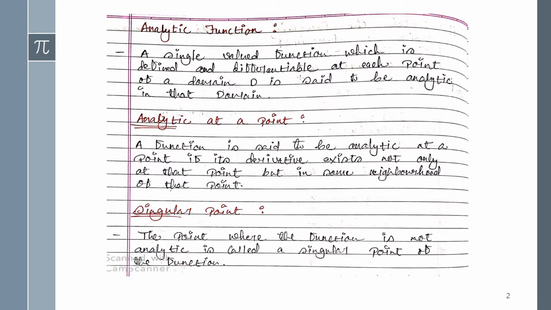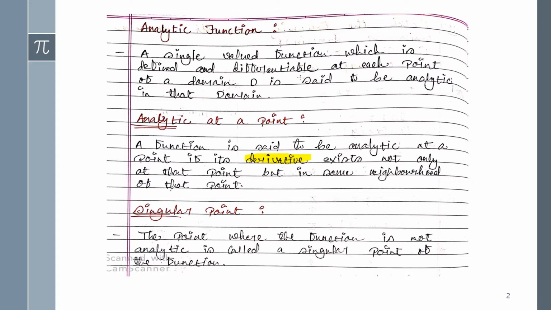It means the necessary component is the derivative, which must exist, but not only at the point given in the question, but in some neighborhood of that point. Suppose an interval from 0 to 6 is given; maybe it will not be possible for all the points 0, 1, 2, 3, 4, 5 or 6, but it will be possible at two or three points. And a singular point is a point where the function is not analytic.